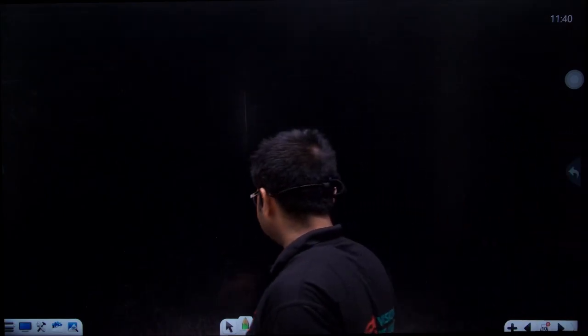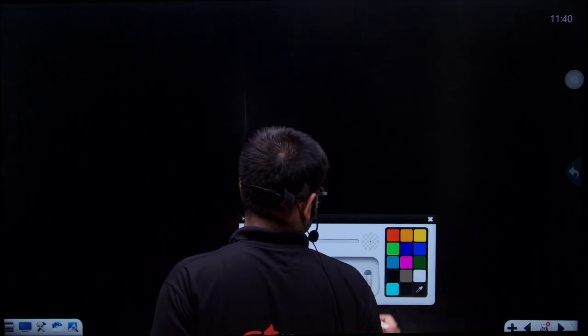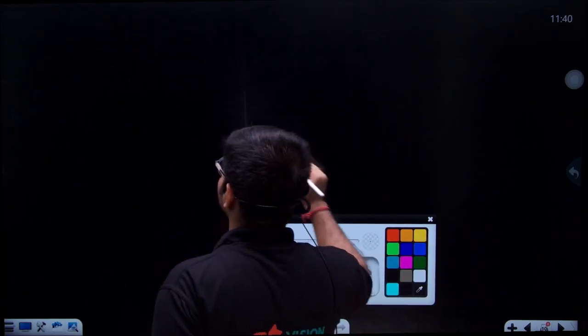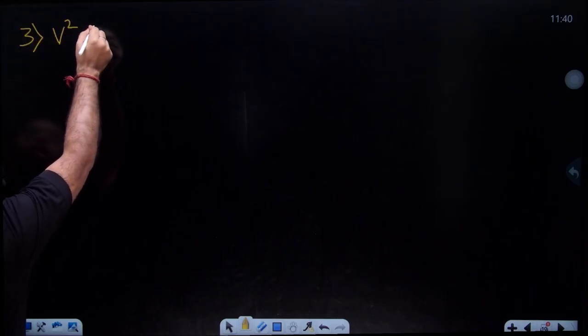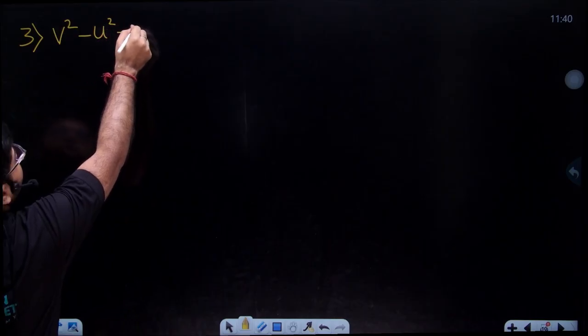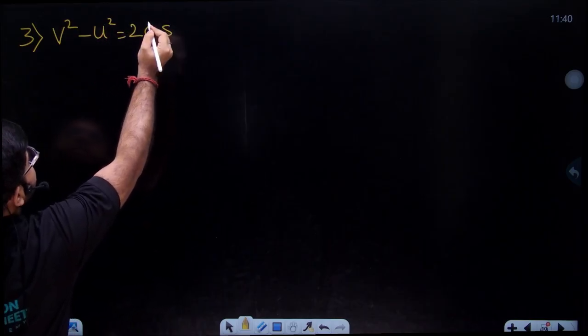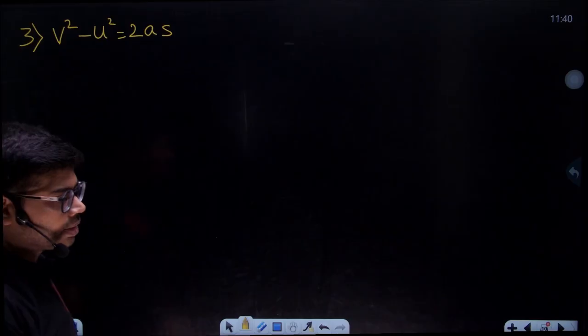Now, last but not the least, I would like to derive the third equation of motion as well. So what is my third equation of motion? It's v square minus u square is equal to 2as. This is my equation, right?